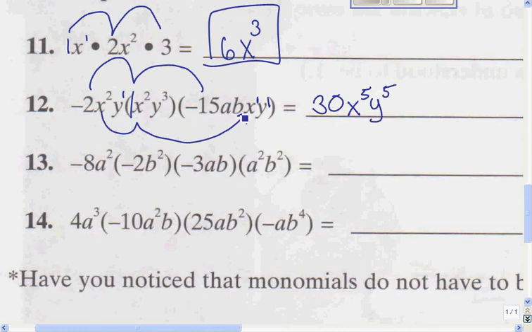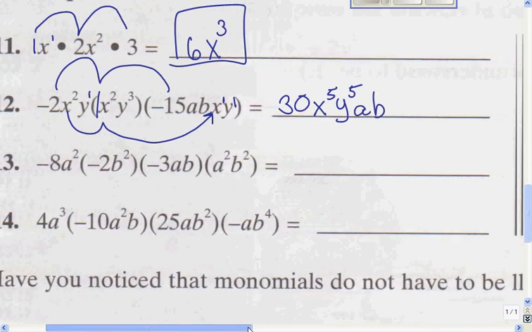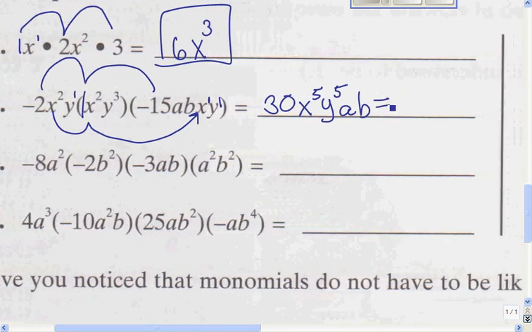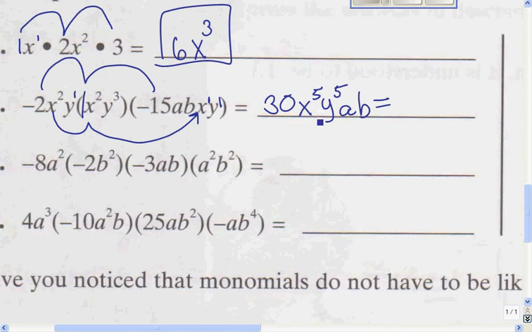And I have a and b by themselves. Since there's no other a's and b's, there's no other exponents to add them to. I'm going to write this in alphabetical order. 30 a b x to the fifth y to the fifth.